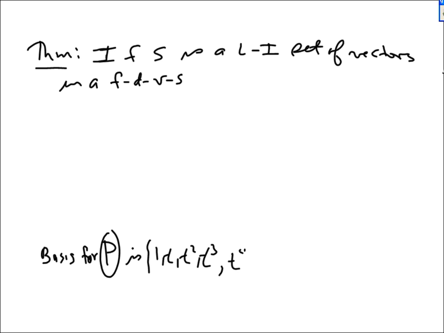So I'm not going to stop at P50 or Pn. It's going to go forever. This is infinite dimensions. The dimension of P is infinity. Well, we're saying that S is a linearly independent set of vectors in a finite dimensional vector space V. It's not infinite.